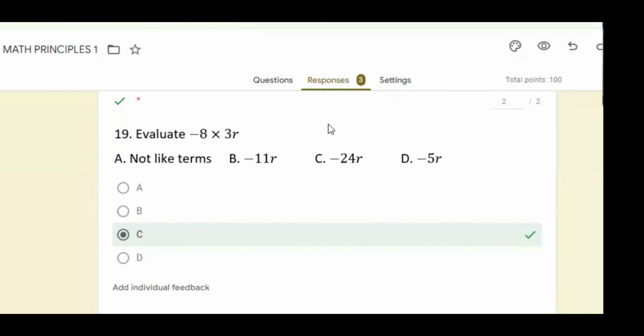Since the sign is multiplication, we are going to times -8 times 3r. -8 times 3 equals -24. Since that 3 has an r, we are still going to bring the r with the -24, because in multiplication there is no like terms issue. Very good.